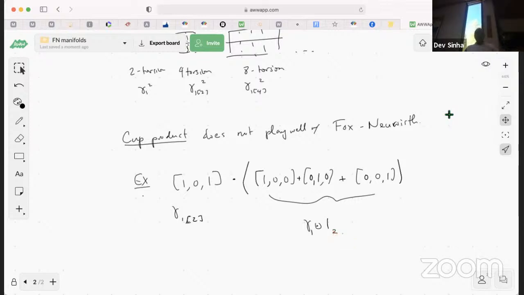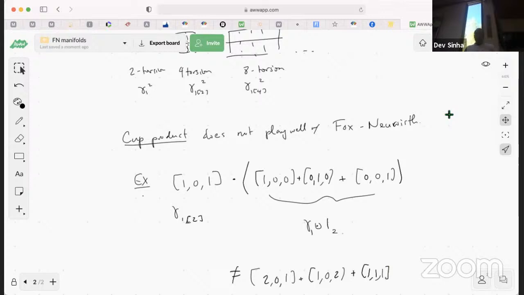So that's all possible shuffles of a 1 with a 0 with another 0 around. And the way this is not going to equal 2, 0, 1 plus 1, 0, 2 plus 1, 1, 1. I reordered things a bit.